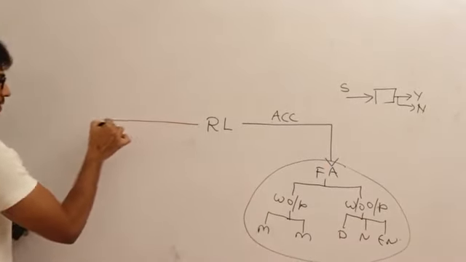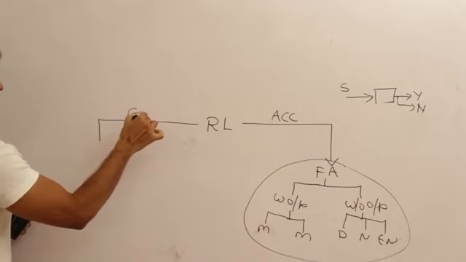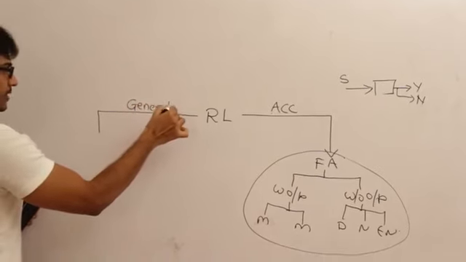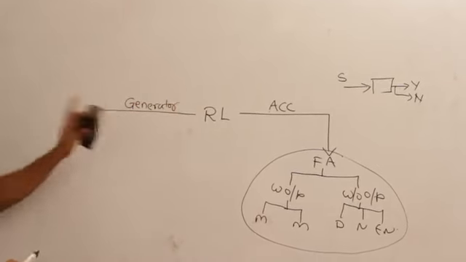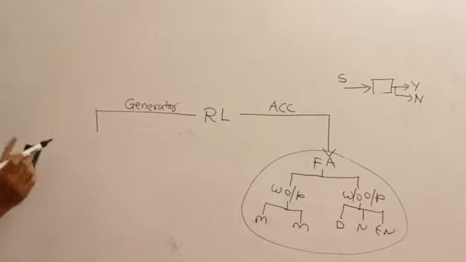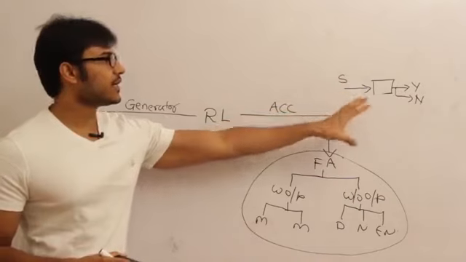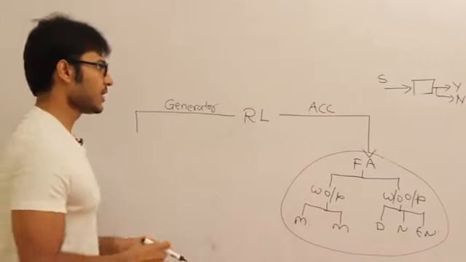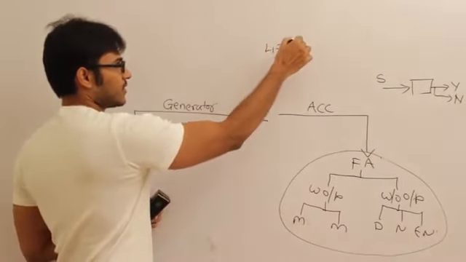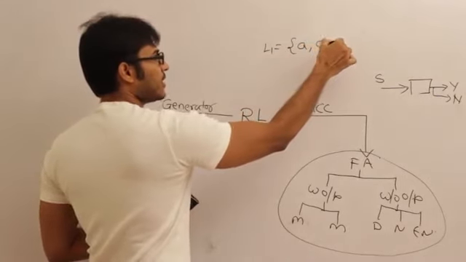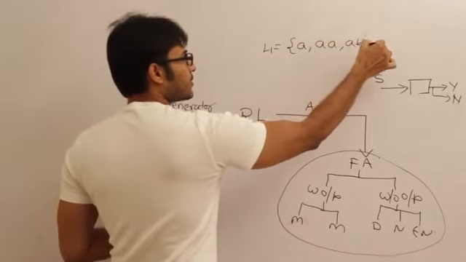Now there is something called a generator. Generator means given a language, it will generate all the strings in the language. Acceptor means given a string, it will say yes, this string is there in the language or not. Let us say the language L1 is the set of all strings starting with A, AB, and so on.